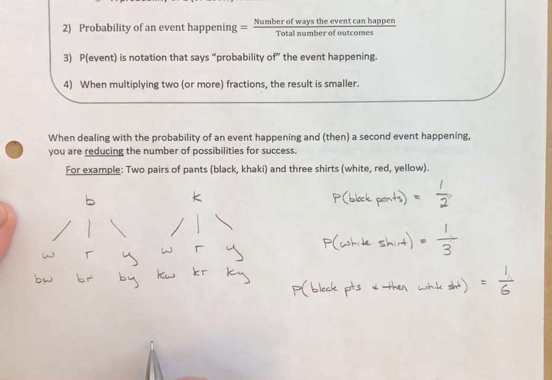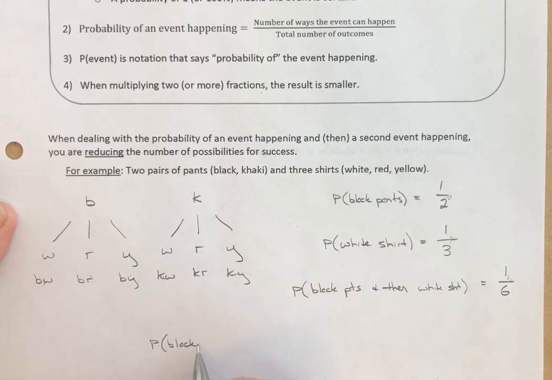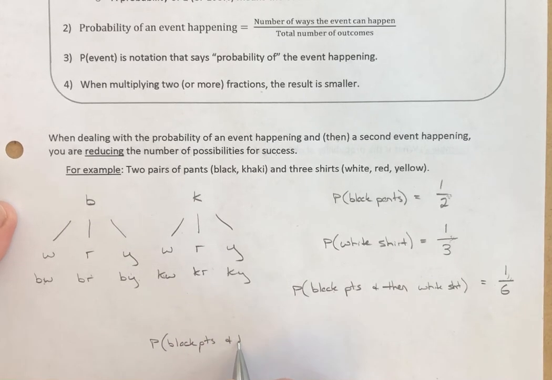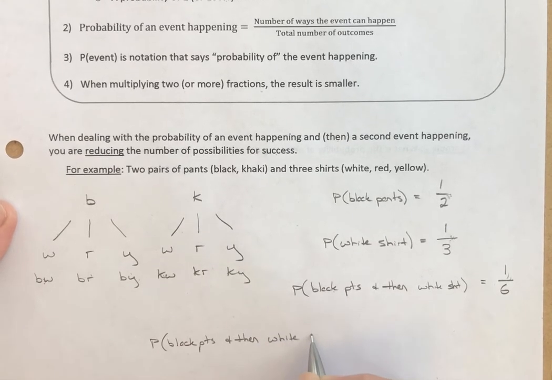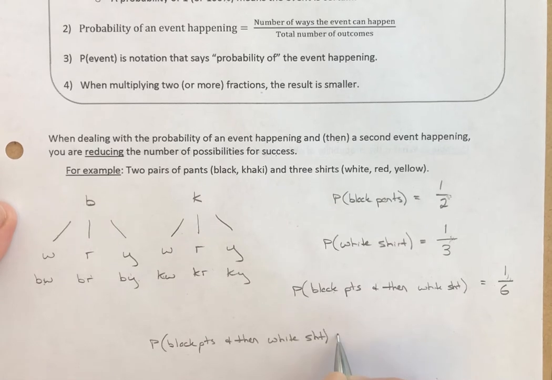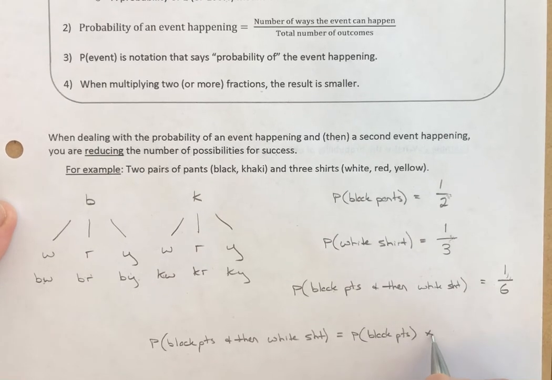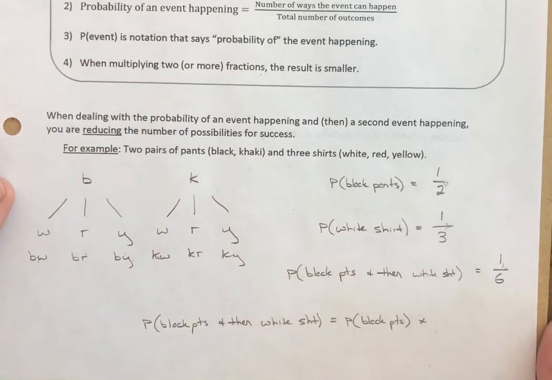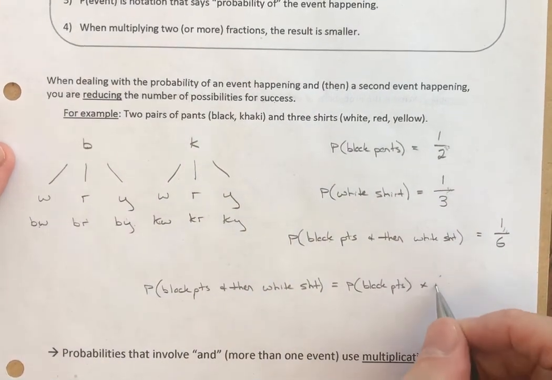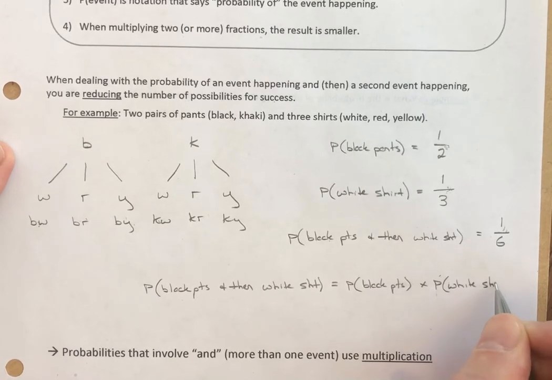So the probability of the black pants and then the white shirt is equal to the probability of the black pants times the probability of the white shirt.